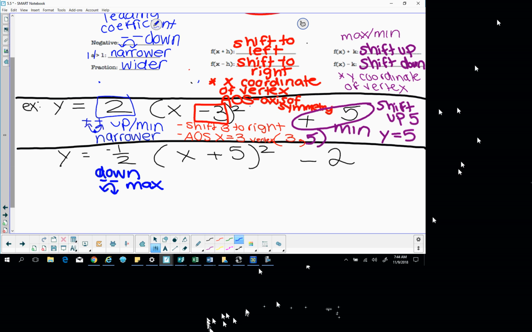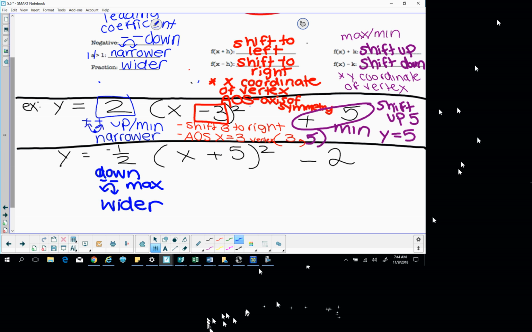Yeah, why? That's just the equation. So if you were to type it into your calculator, like that table. Wider. Oh, wider. You can give me that one. What is it? Wider. So we know it's going to go down, it's going to be wider, and it's going to have a max. Beautiful.